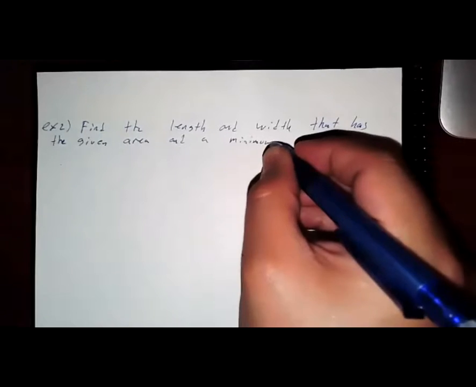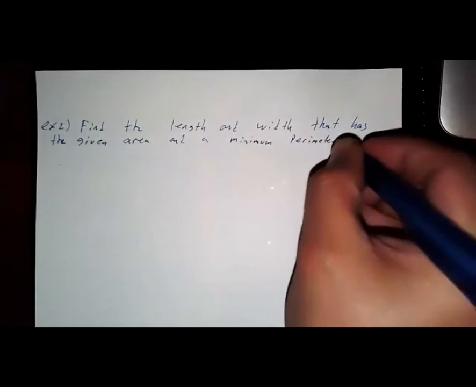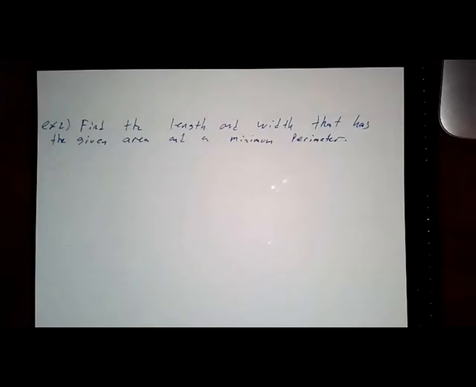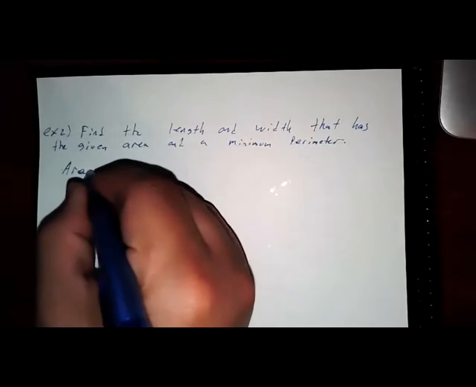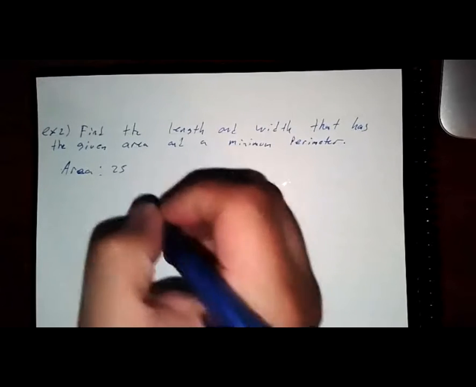So this one's kind of like the opposite of what we just did, but the procedure will be exactly the same. So they're giving us an area of 25 feet squared.